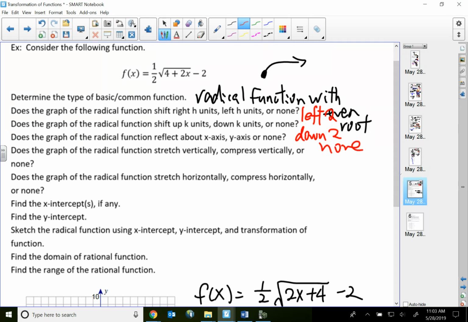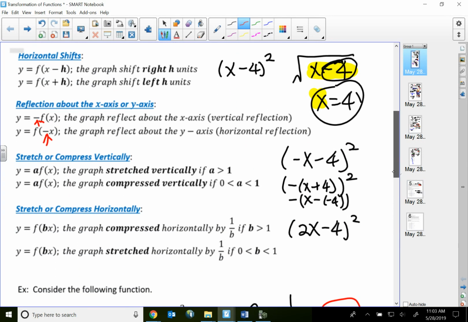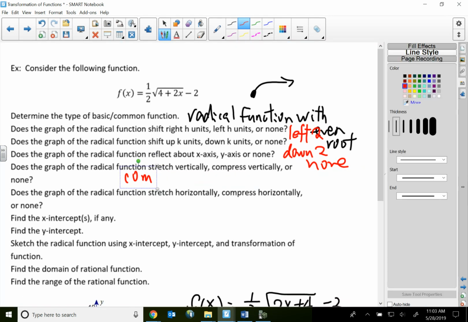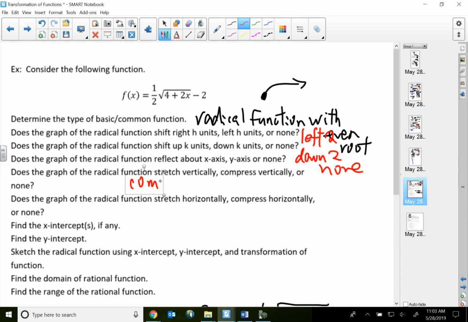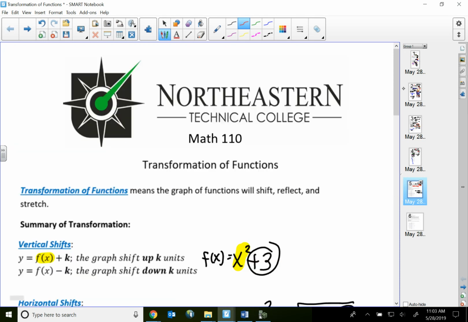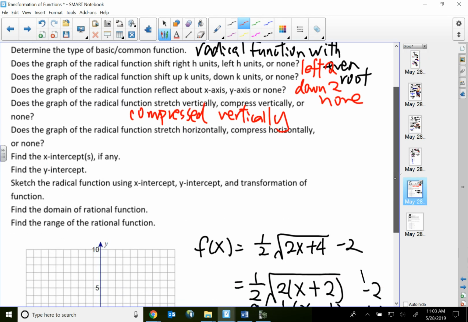All right, radical function stretch or compress vertically. So your a is a half. If the a is a half, it's going to be compressed vertically. Your b is actually a 2, which is bigger than 1, so that will be compressed horizontally.